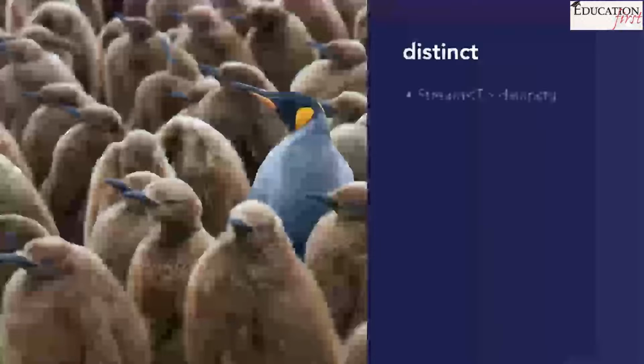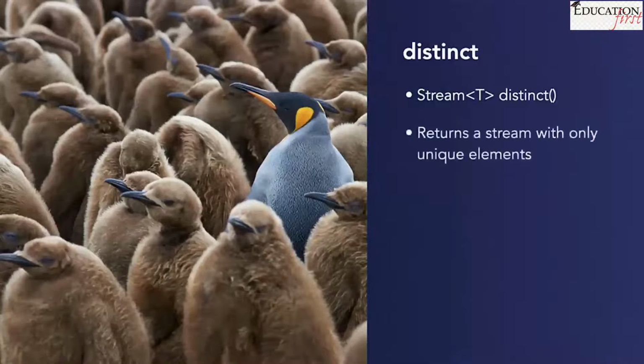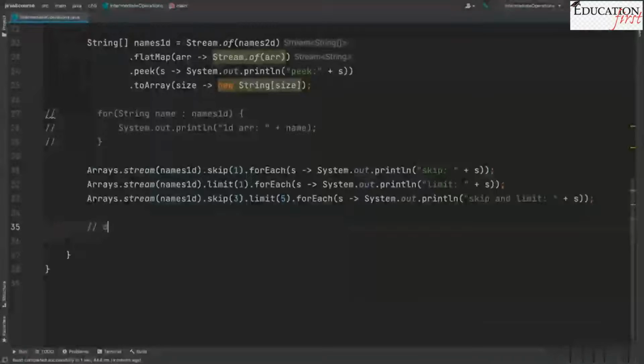So with distinct, we get a stream back that only contains unique elements. So if we go ahead and use distinct on our stream with all the double values, you can probably guess what's happening here. So what we're doing here with the distinct is that I'm going to be copying this over.